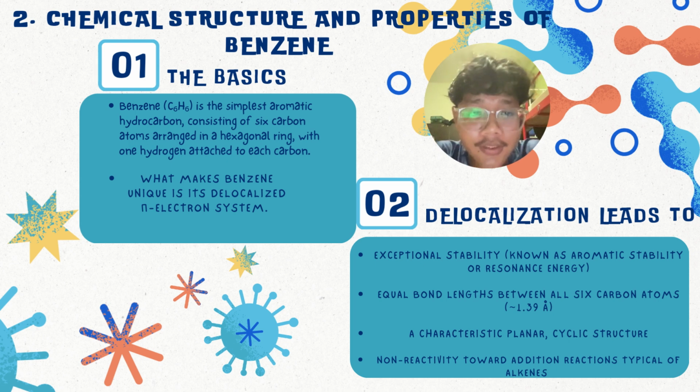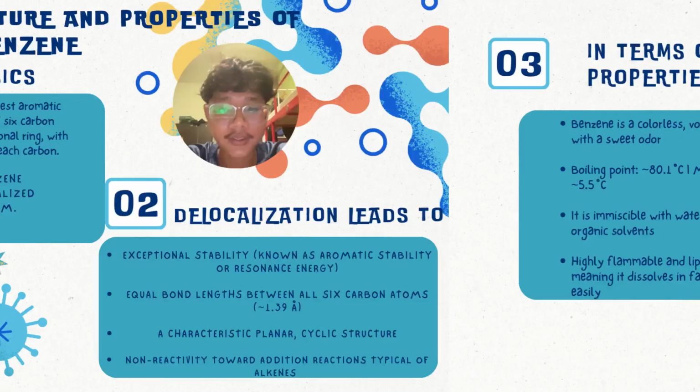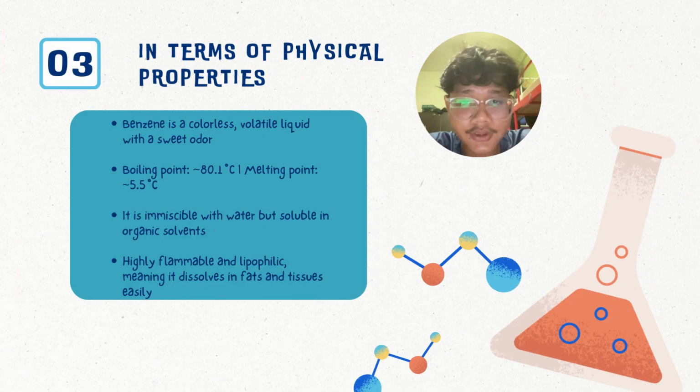And next, the delocalization leads to exceptional stability, equal bond lengths between all 6 carbons, a characteristic planar cyclic structure, and non-reactivity towards addition reactions typical of alkenes. Next, in terms of physical properties, benzene is a colorless, volatile liquid with a sweet odor and has a boiling point of 80.1 Celsius and a melting point of 5.5 Celsius.